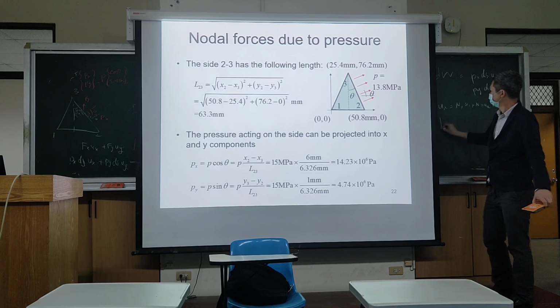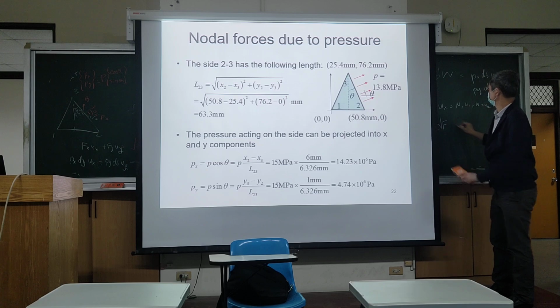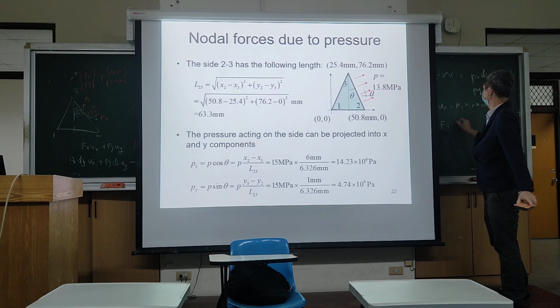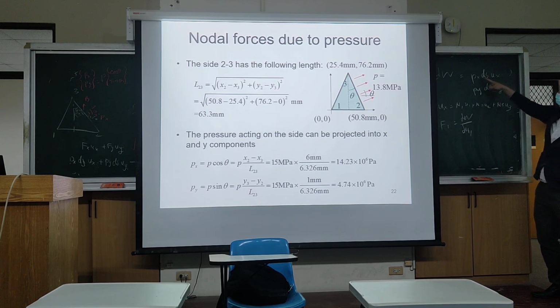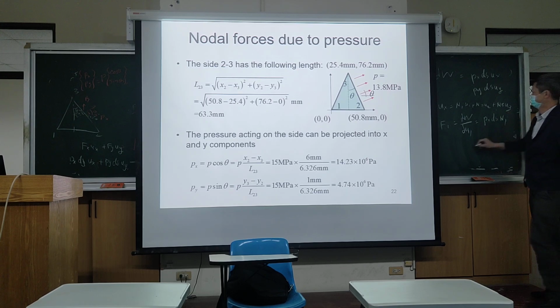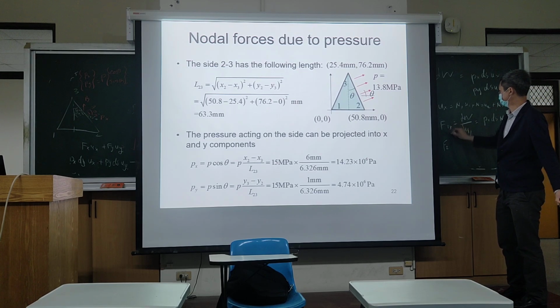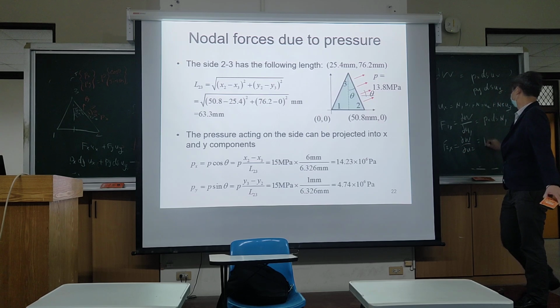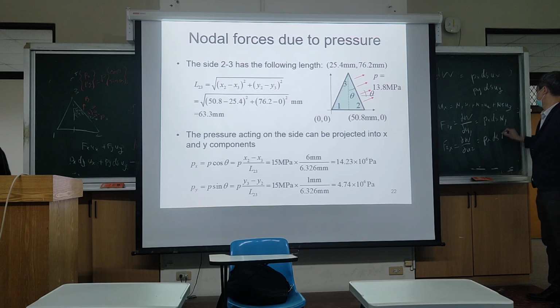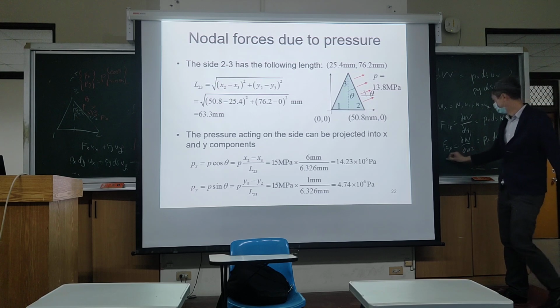So my force F1 is then equal to del W del U1. Okay? So this will then be Px, ds, n1. My force F2x is del W del U2, Px, ds, n2, by differentiating with respect to U2.